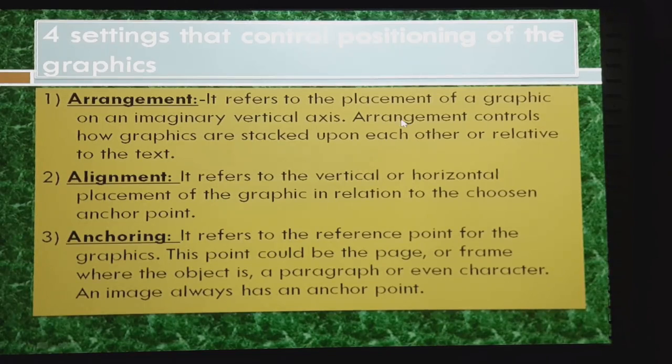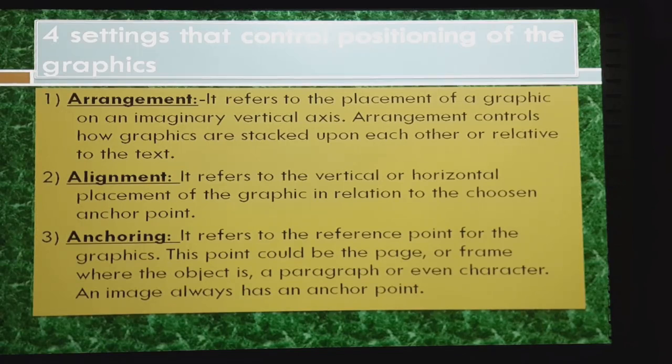Arrangement actually controls how graphics are stacked upon one another or relative to the text. If 2 or 3 graphics are there, how do they need to be stacked one over the other, kept one over the other? In such a situation, arrangement controls how those graphics are stacked one over the other or relative to the text.